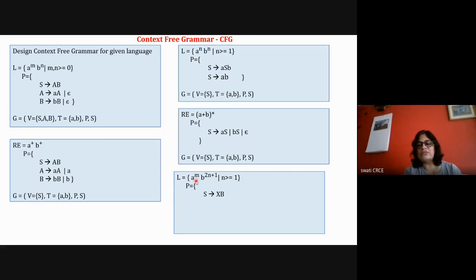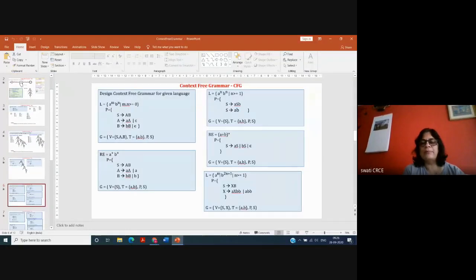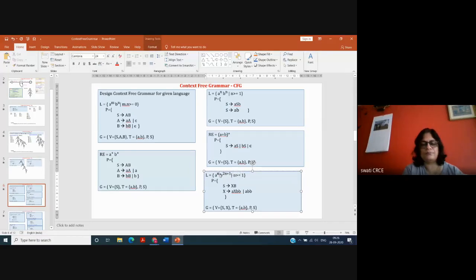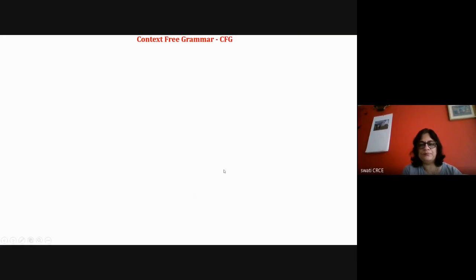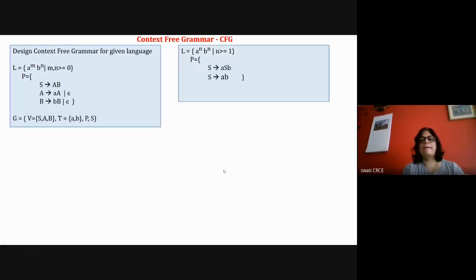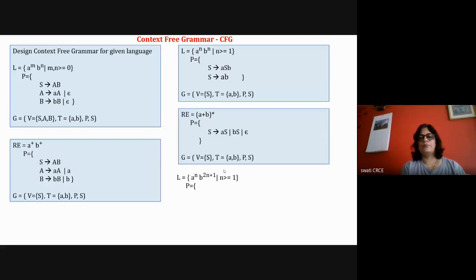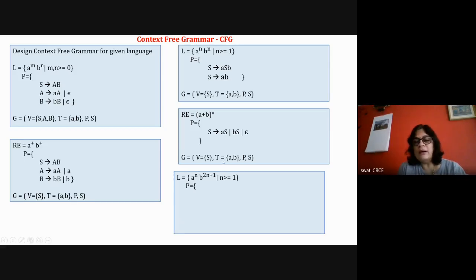Now my x is to generate a raised to m. So I'll say that x is equal to, okay, here there is a relation. So I need to change this problem actually. This is a raised to m. This is not. This is a raised to n. Now consider this problem. This is a raised to n, b raised to 2n plus 1. Okay. Now here, both the terms are related to each other because it is n only.